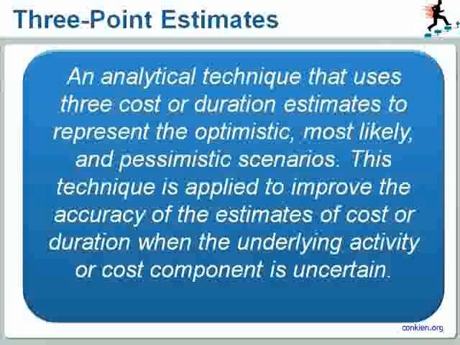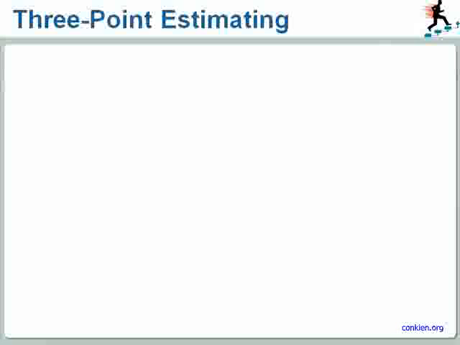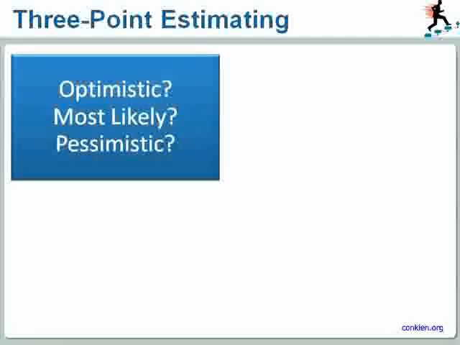And let's once again take a look at what this really means. 3-point estimates, they take uncertainties into consideration. Often your experts will tell you, I don't really know how long it will take. So go ahead and ask them 3 questions. Ask them, how long will this take if you are optimistic?